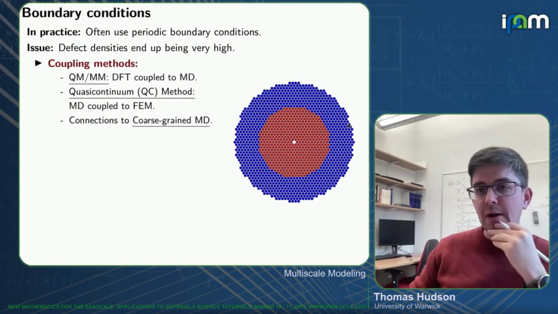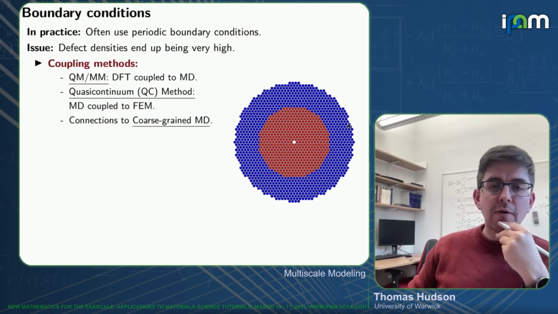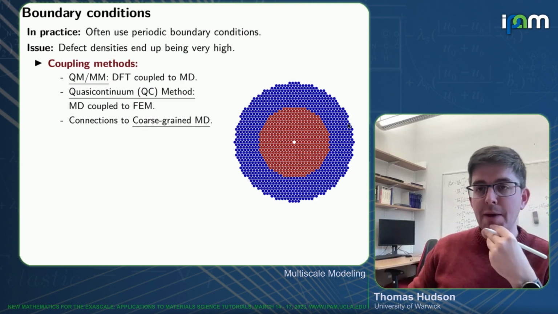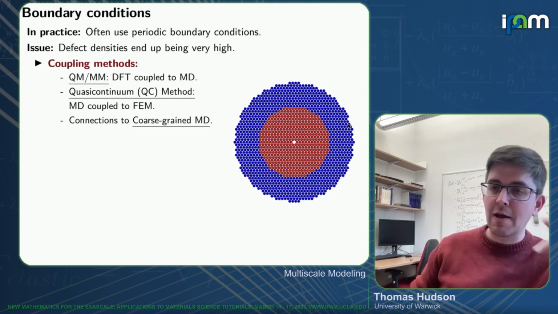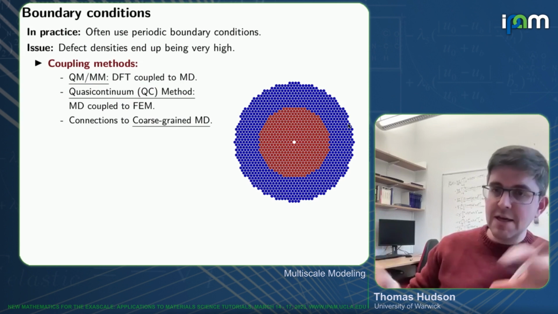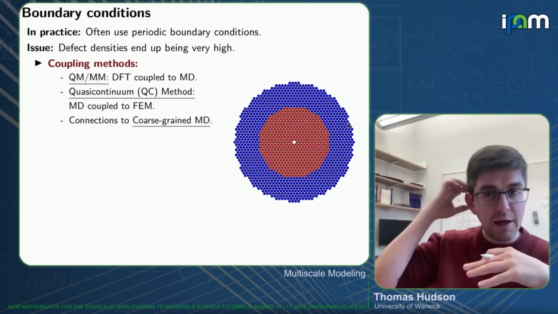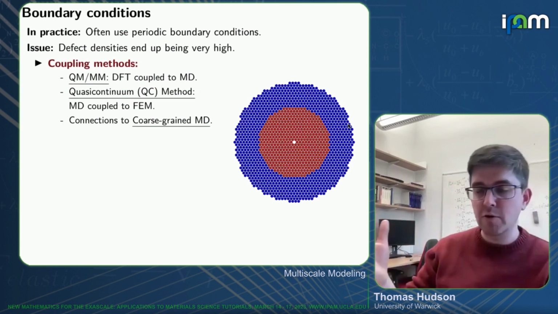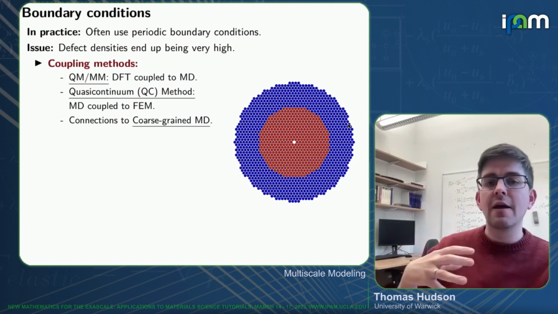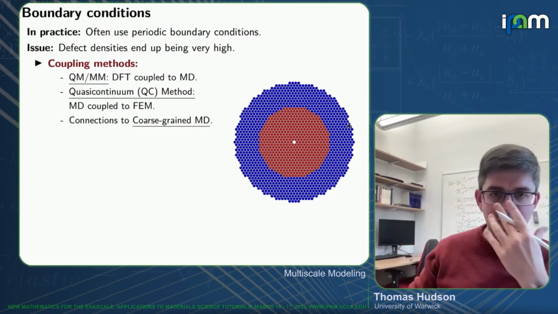This is where you take normally two different theories and link them together. One such approach is a QM/MM approach, where I'm coupling DFT in a core to a molecular model, QM, quantum mechanics, molecular mechanics. So I'm coupling those two models there.